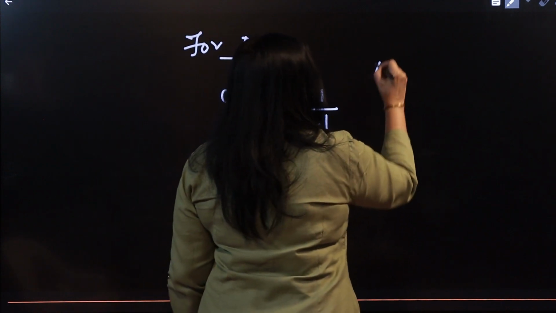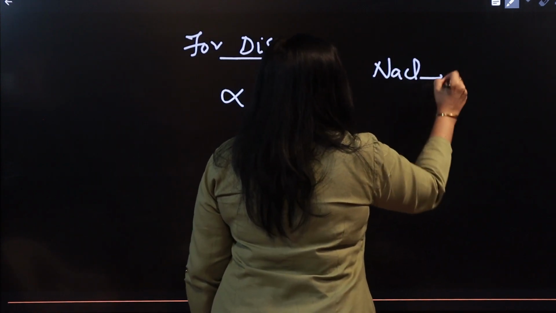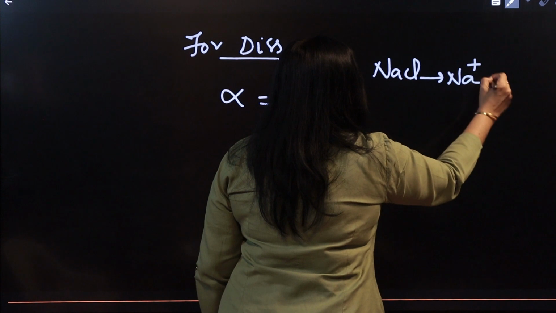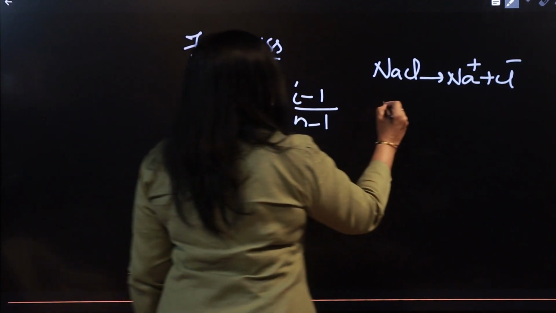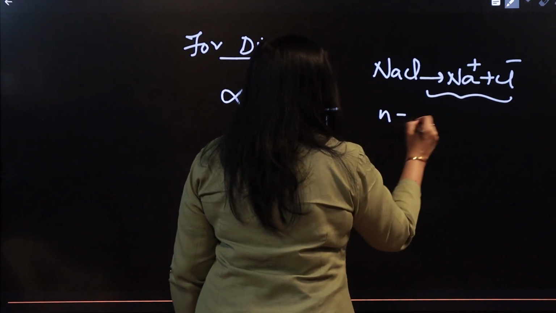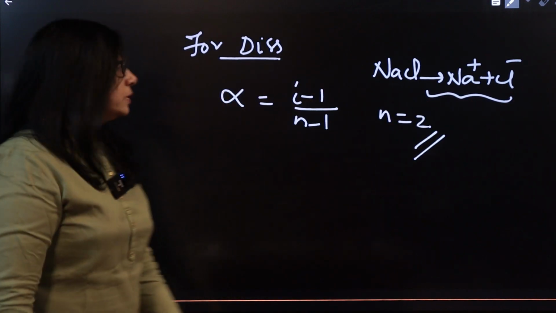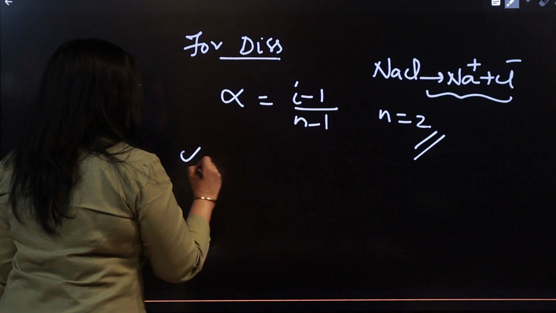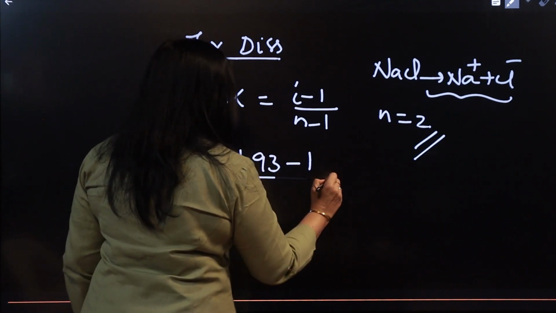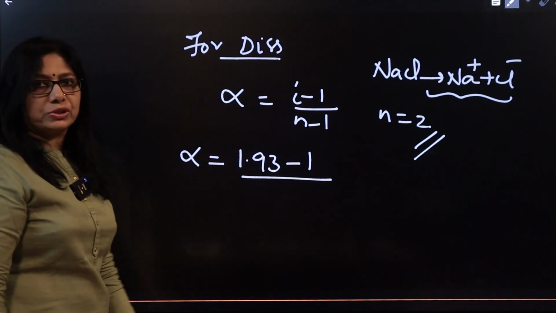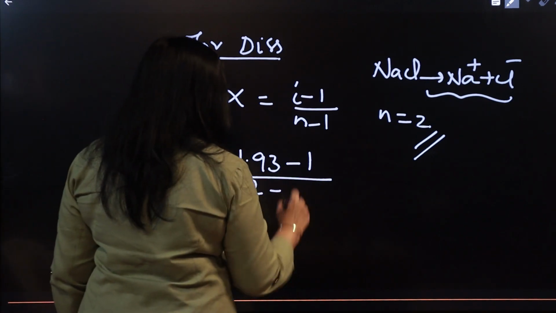So you are given NaCl. NaCl will dissociate to form Na plus and Cl minus, right? So the number of particles after dissociation is 2. So alpha is equal to i, you got 1.93, minus 1 by number of particles after dissociation, which is 2, so 2 minus 1.